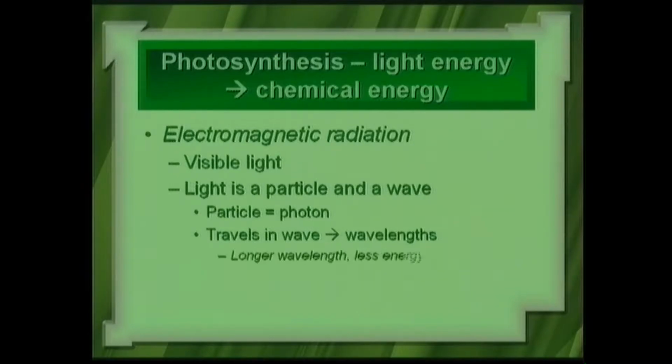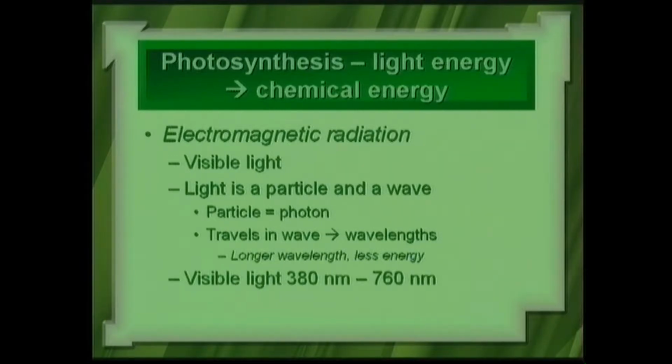Generally, the longer the wavelength of a wave or of light, the less energy it has. Remember, on one side of the electromagnetic spectrum, you have very long wavelengths, such as radio waves. On the other side, you have very, very high energy, short wavelengths, such as gamma rays, X-rays, and so on.